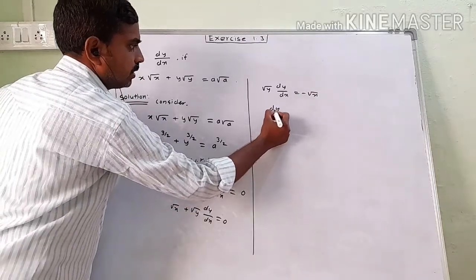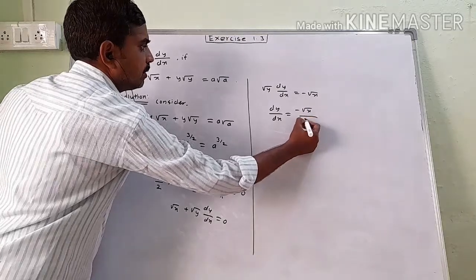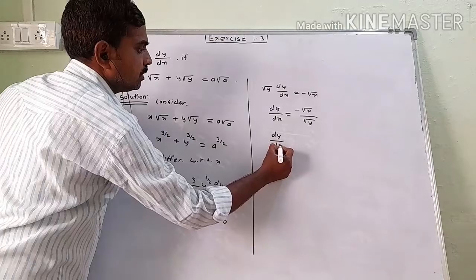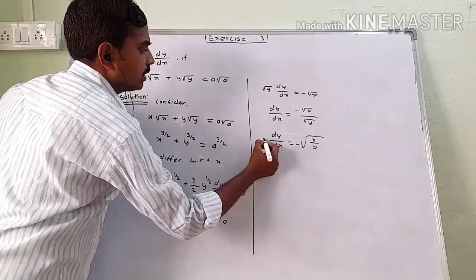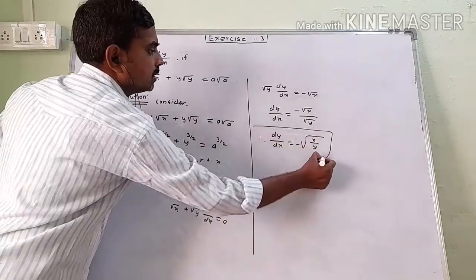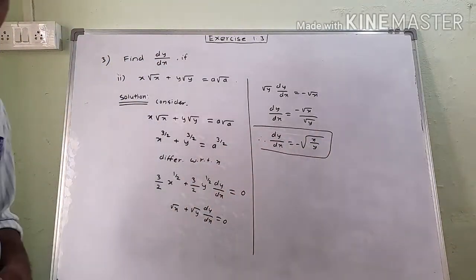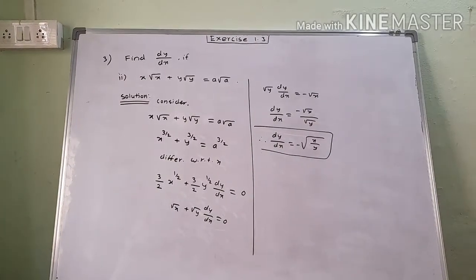And again we get dy by dx as minus root x divided by root y, or one sign of root, we can write this as the required derivative of y with respect to x. In this way you can solve examples of implicit functions.